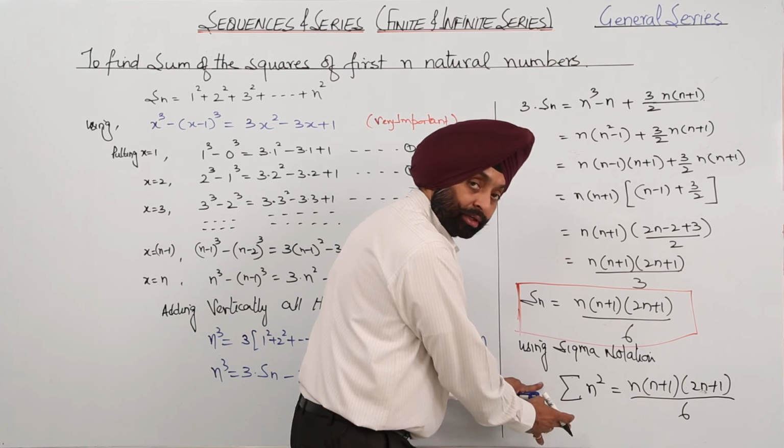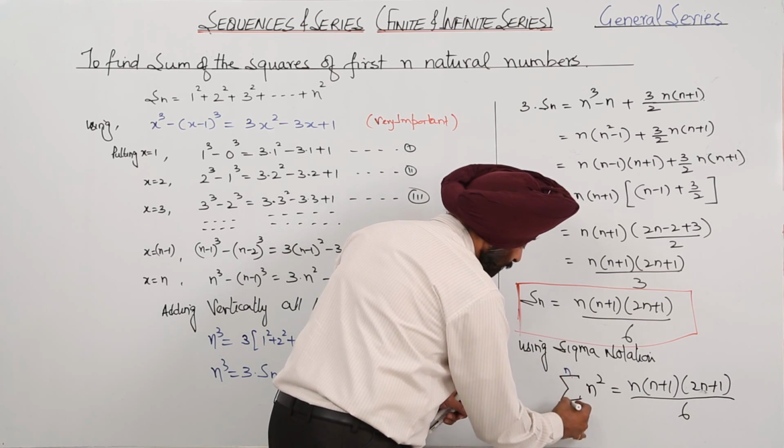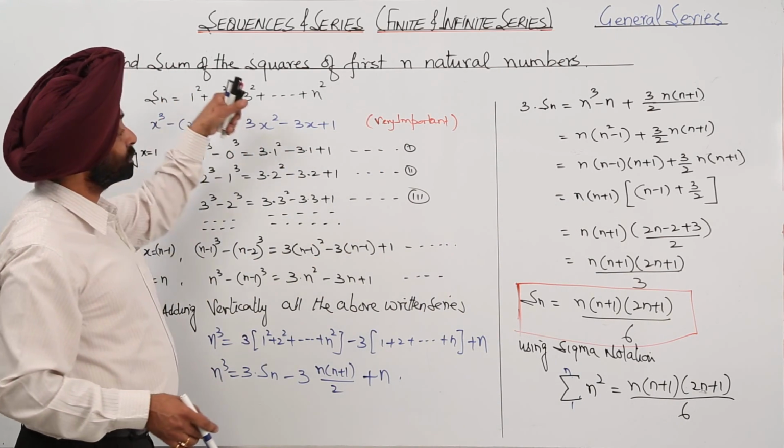For your convenience I have written it like this, or you can go with the summation starting from 1. So this was the result for finding the sum of the squares of the first n natural numbers.